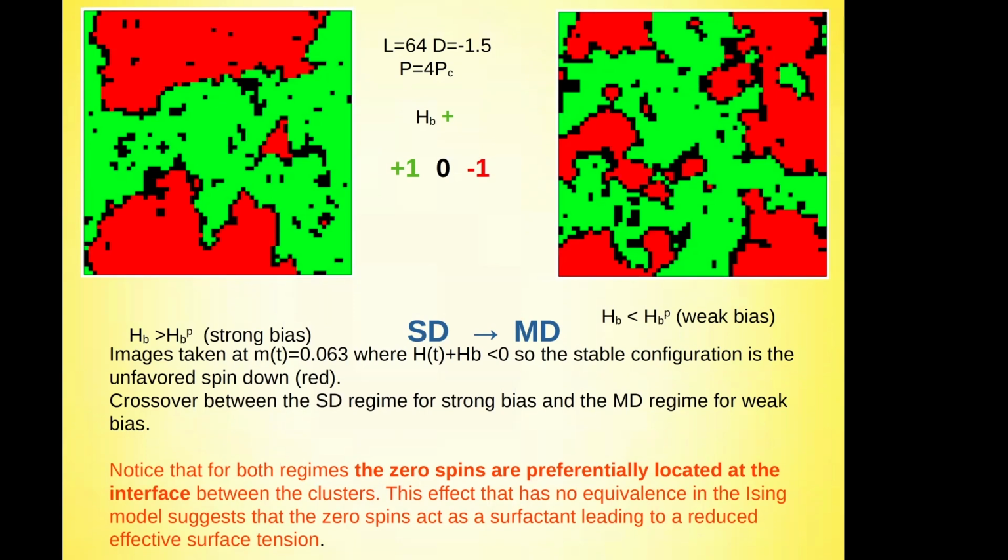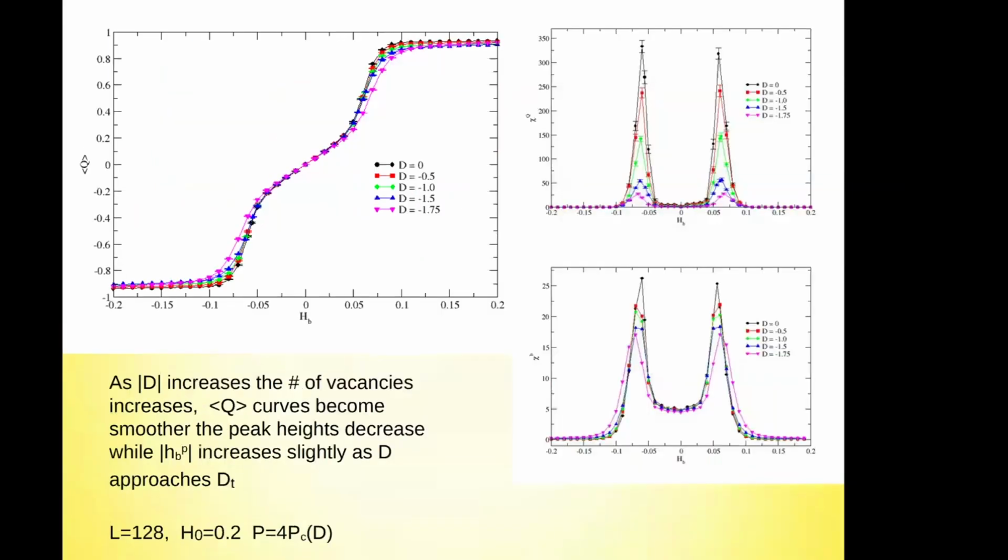That is the way the system goes to the stable phase. If you are in the weak bias region, you see a completely different picture. Now you see different droplets of the stable phase growing, okay? The change here indicates that the system is at a crossover from one switching mechanism to another.